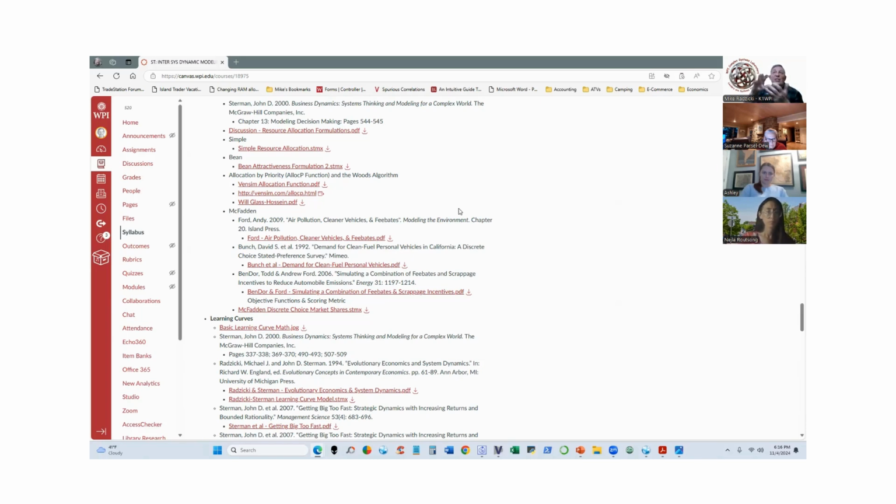It's kind of a physical system thing, whereas the McFadden approach is more of a human behavioral formulation. So it just depends on what you're trying to model. But obviously, we are often trying to figure out what people would do.